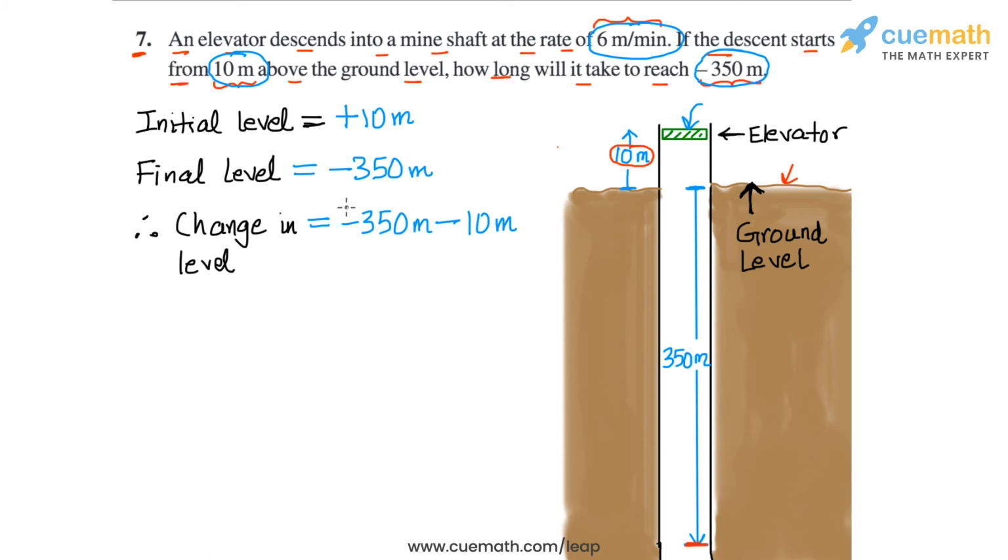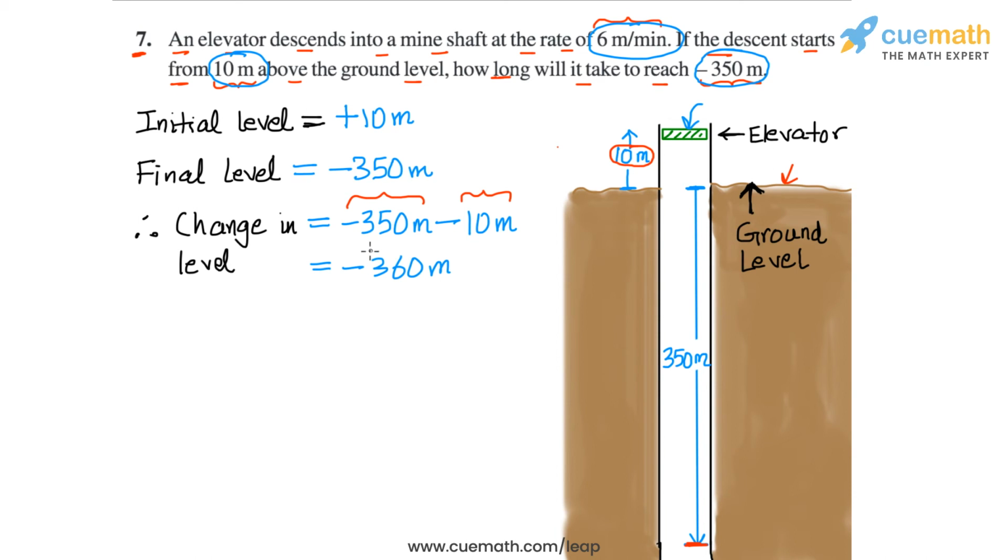So we are subtracting the initial level, 10 meters, from the final level, minus 350 meters. This will be equal to minus 360 meters.